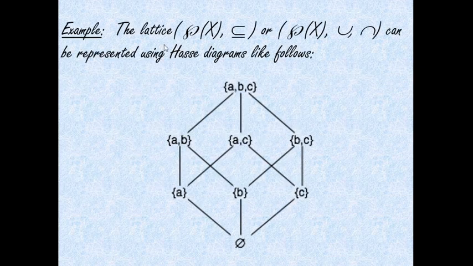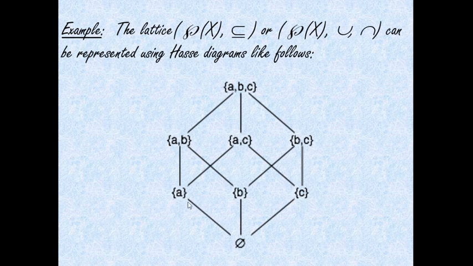So the same lattice can be represented as a diagram which is called the Hasse diagram. When you view this diagram, you will have a better depiction of it in your mind. Here you have the null set phi, and here you have the whole set A, B, C. The null set is a subset of every set.